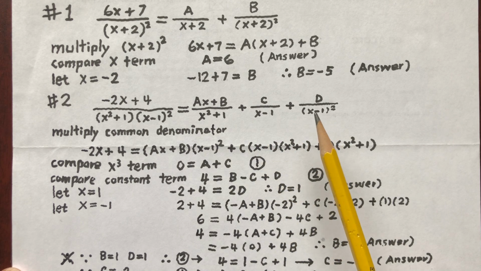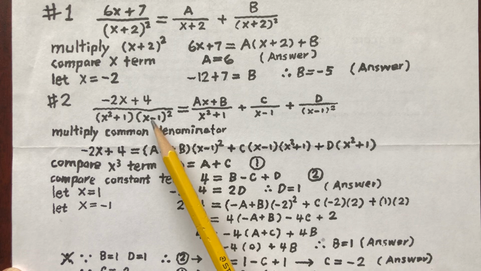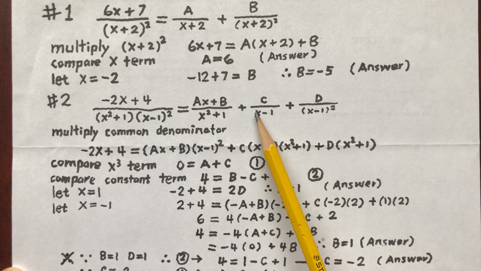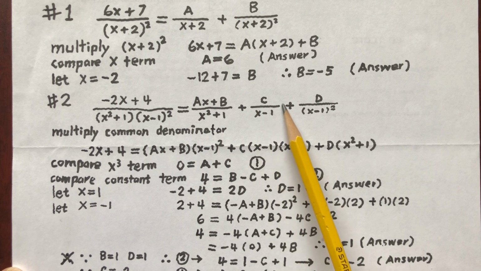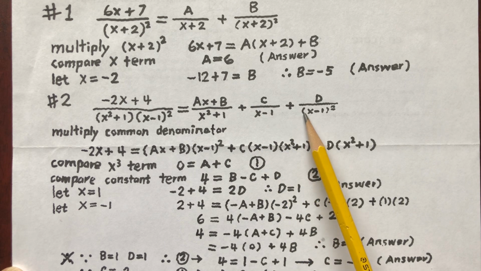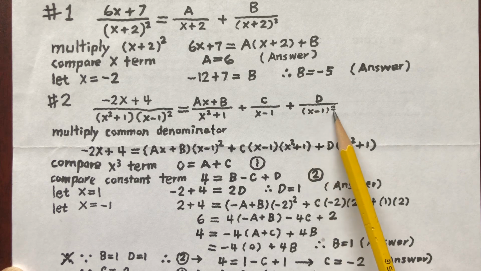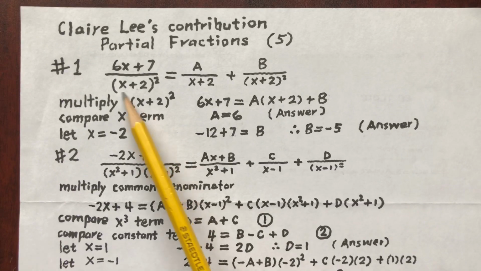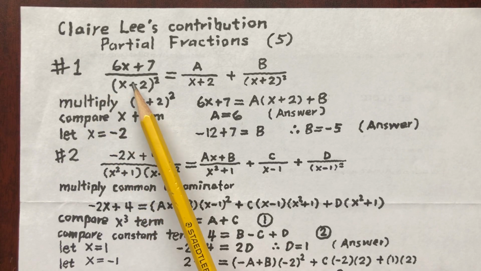Also notice that the square part gives one fraction with exponent 1, another with exponent 2. This is the same as question 1.